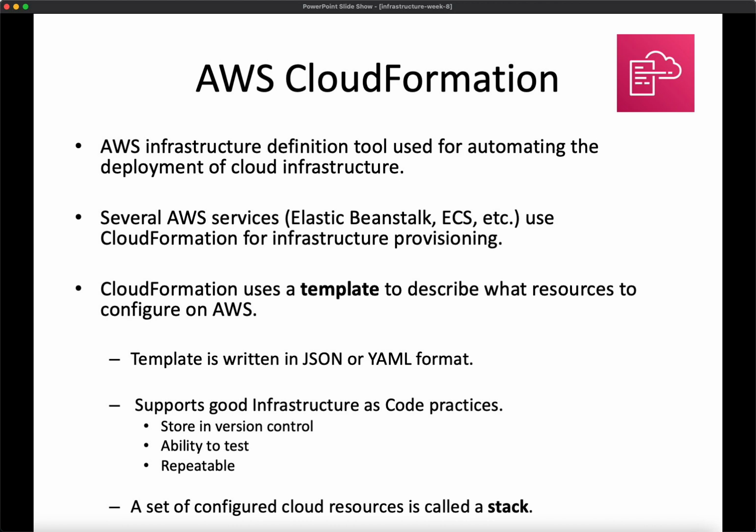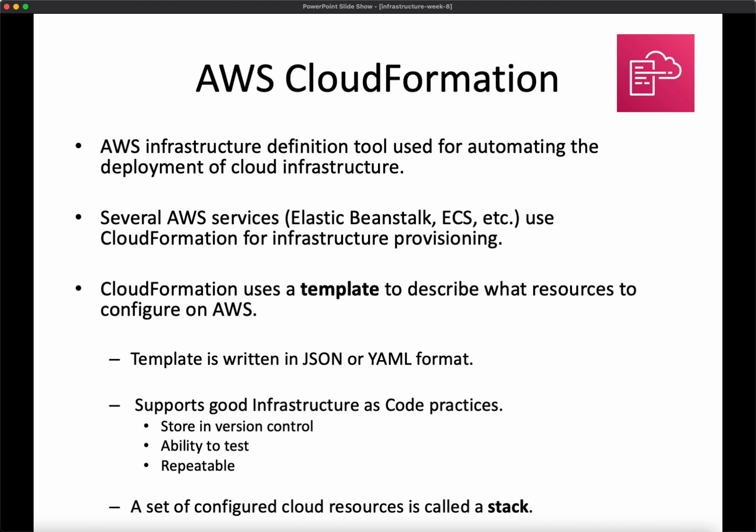In fact, every sort of resource that you might build via the web console is also buildable and deployable using CloudFormation. Several AWS services like Elastic Beanstalk actually use CloudFormation behind the scenes to provision infrastructure that is needed.